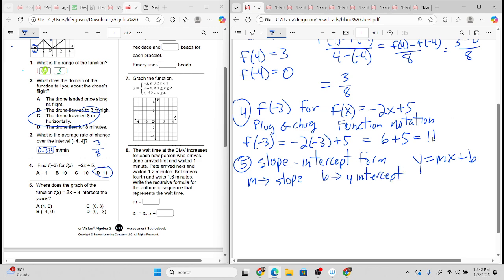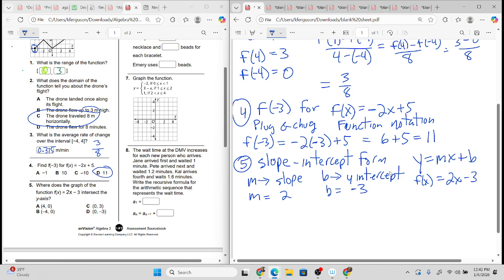So now I just look at what I got. So I got f of x and y. In this case, we're just kind of using them interchangeably. So f of x equals 2x minus 3. So that would mean m is going to be 2. That's my slope. And then my y-intercept is going to be negative 3.